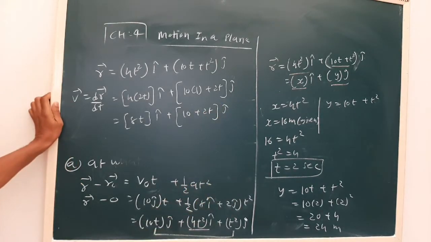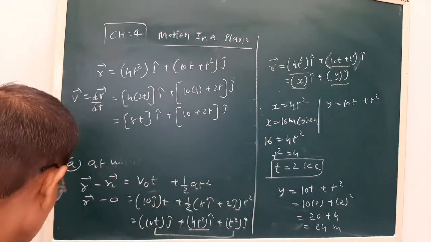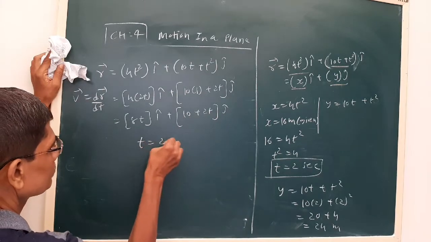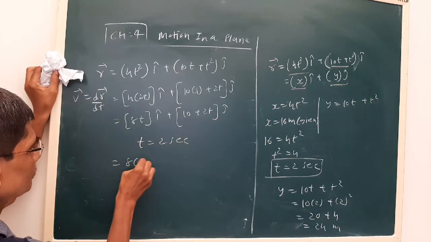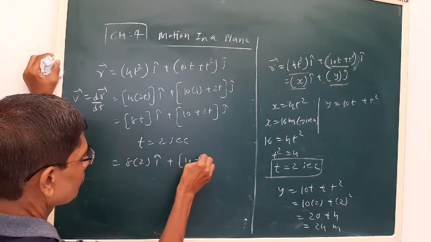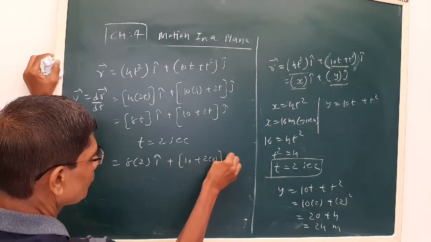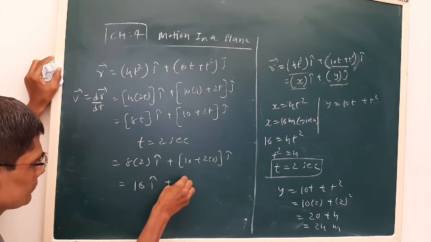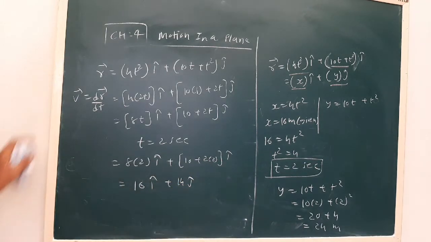So our equation has become like this. Now the time is 2 seconds. That is 16i plus 14j caret.